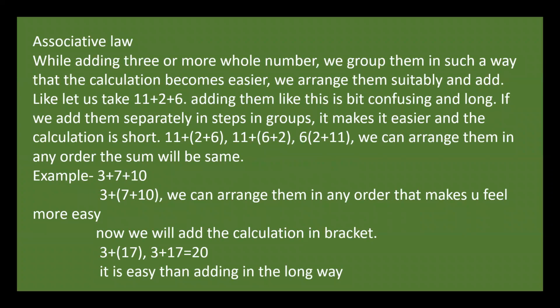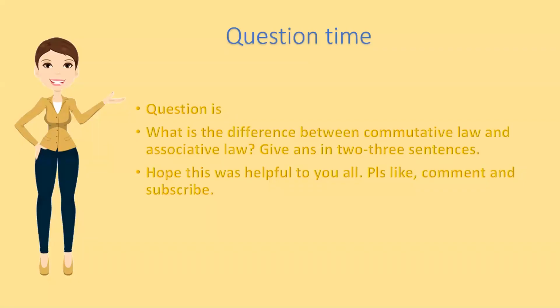And in associative law, we have three or more numbers that we add in such groups that it makes the calculation easier. So I have given you just a hint. Your question is to differentiate between commutative law and associative law. You have to give the answer in two or three sentences. I want your answer too.